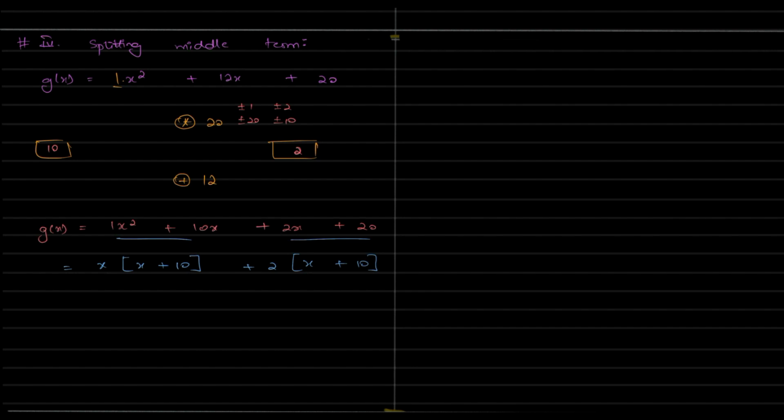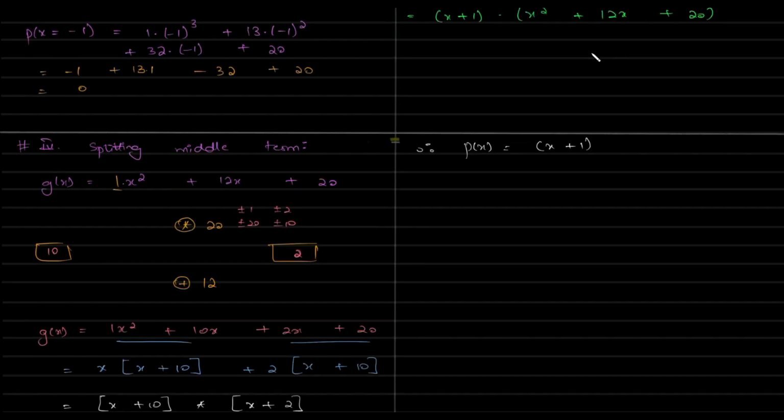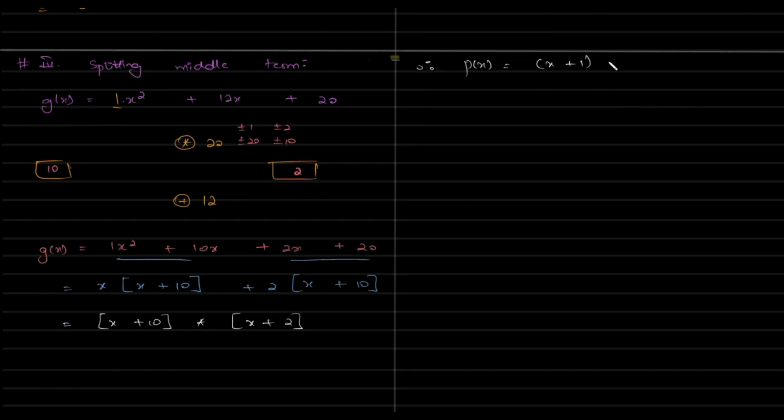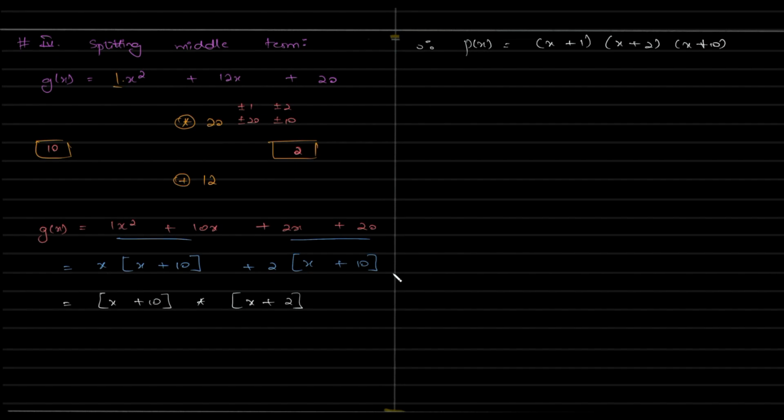So between these two we have x plus 10, and you're left with x plus 2. Thus we have the answer: p of x is equal to x plus 1, x plus 2 and x plus 10, and that is your answer.